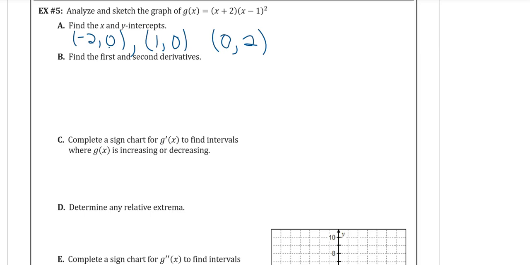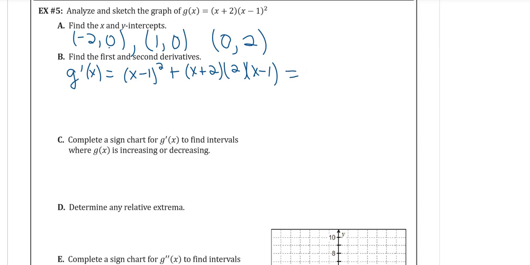So, but if you want to multiply this whole function out, you can do that. g prime of x is going to be (x minus 1) squared plus (x plus 2) times bringing the power down, lower the power by 1, take the derivative of x minus 1, which is 1.